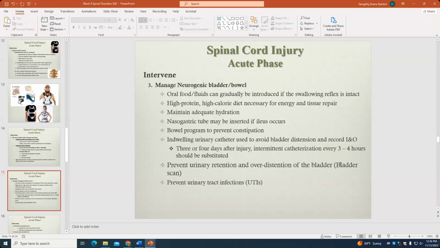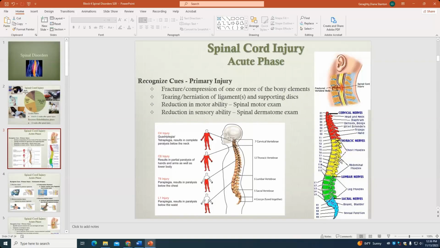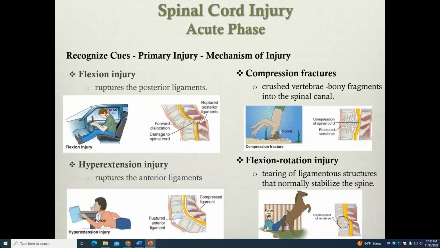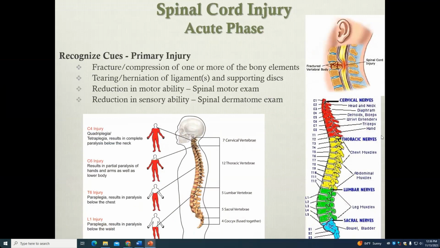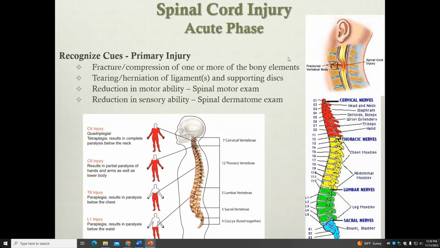But you can see that every single spinal cord injury is going to have some issues with bowel and bladder because, where's bowel and bladder? Way down there in the sacral region. So this is where the bowel and the bladder are innervated, down at the tailbone.